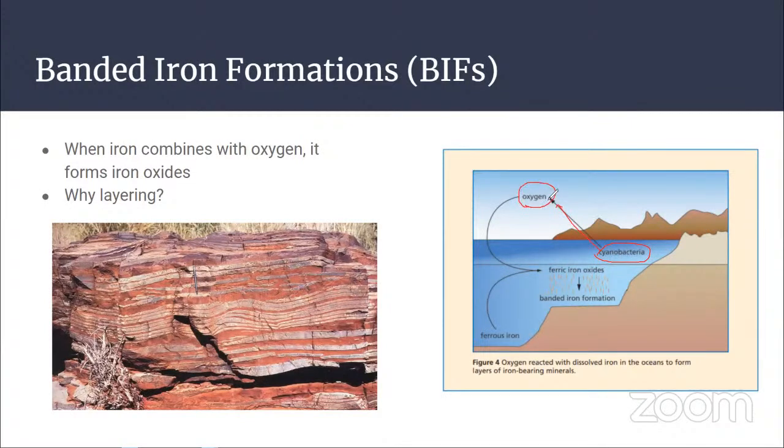This creates an oxygen-rich environment in the atmosphere, and we're also going to end up with some oxygen dissolving in the water as well. So what happens then is that oxygen in the water reacts to form these ferric iron oxides.